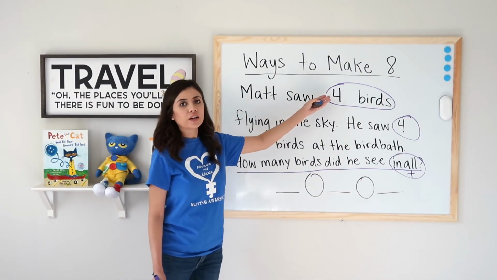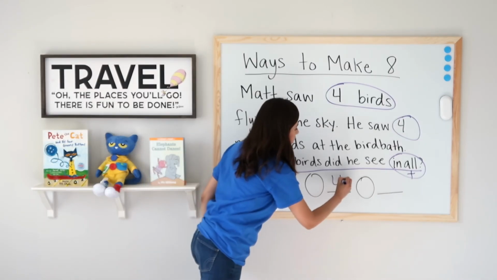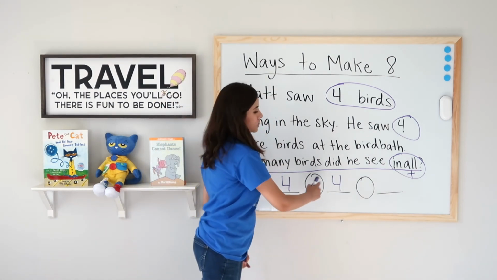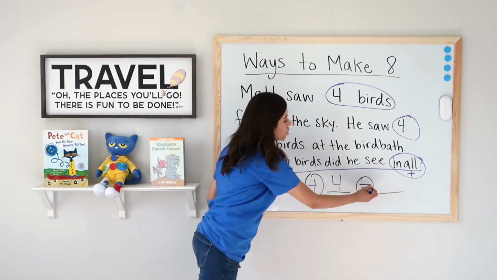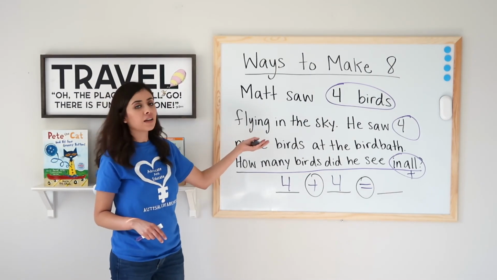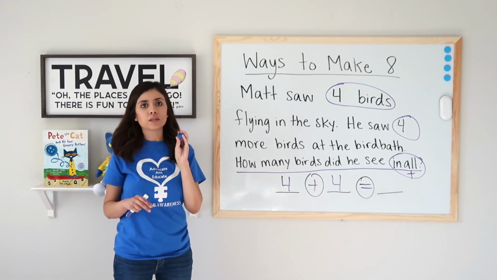So let's go ahead and write our 2 parts down below. 4 and 4. And I know that I have to add them. 4 plus 4 equals, we will now use our dots to represent the birds that are flying and the birds at the bird bath. For the birds flying, I will use blue.